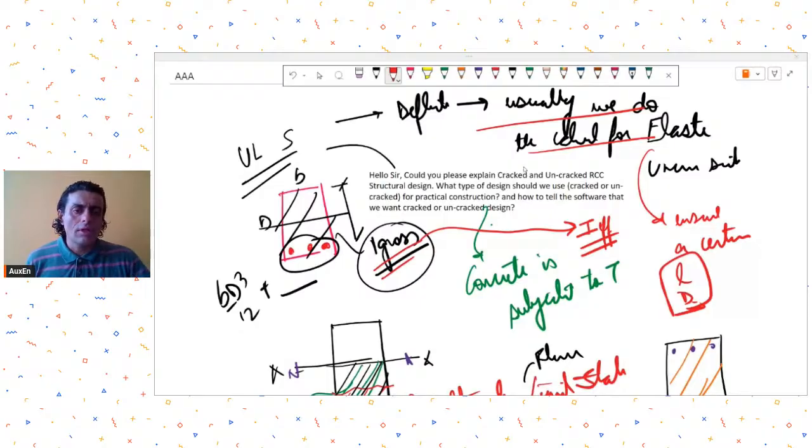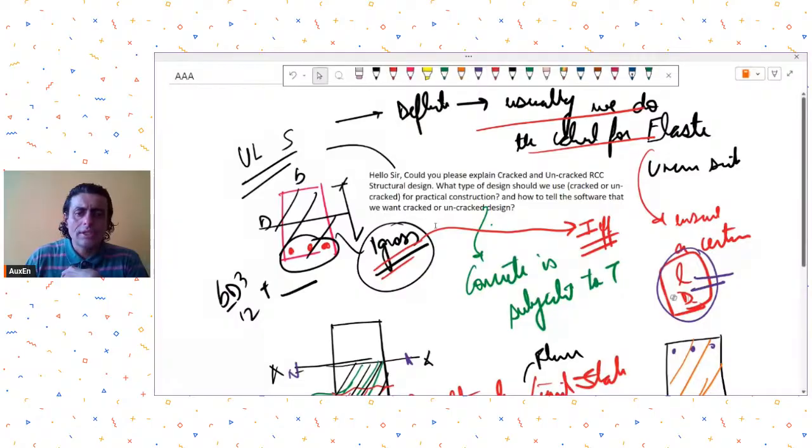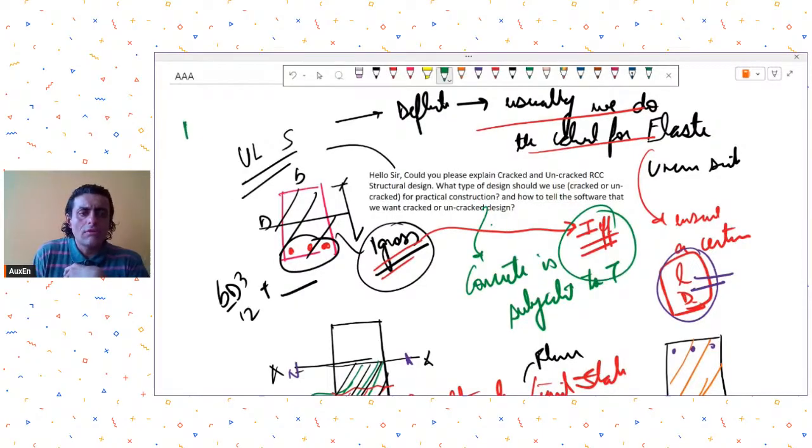Now, if you don't want to take the minimum L by D ratio requirement as per the code, then you have to do the calculation for deflection. Then your code says you are supposed to take the effective moment of inertia, and it will be calculated based on the extent of cracking. So you have to find out your service level moment and how much more it is compared to your cracked moment.